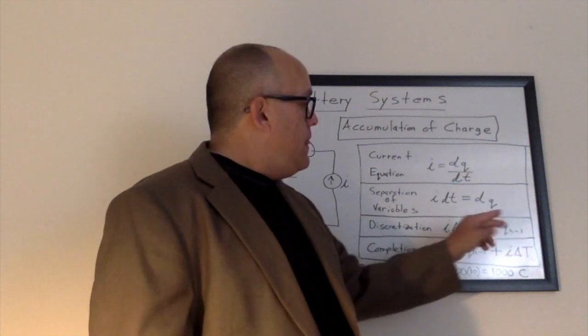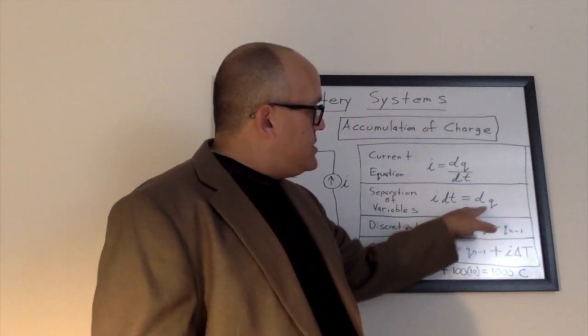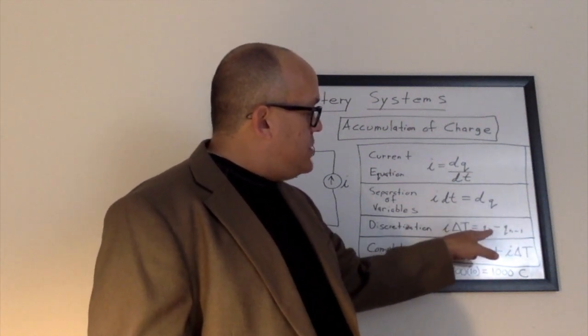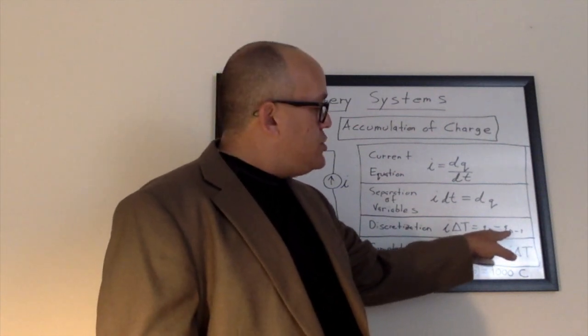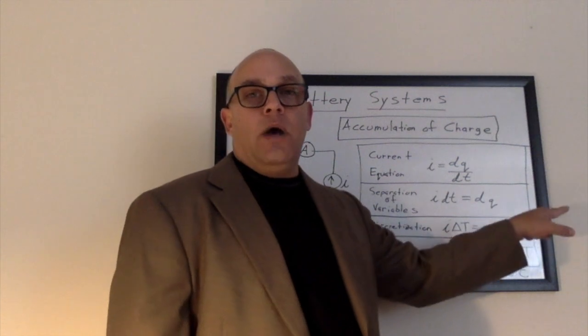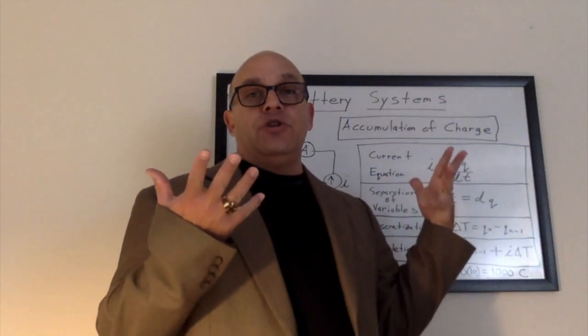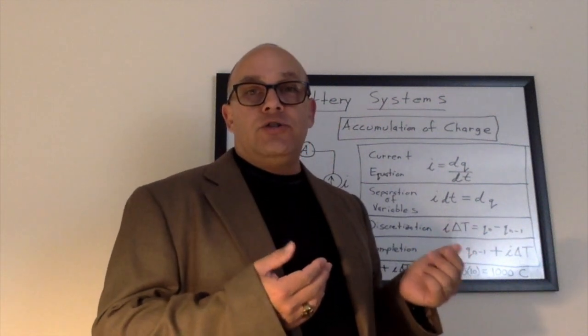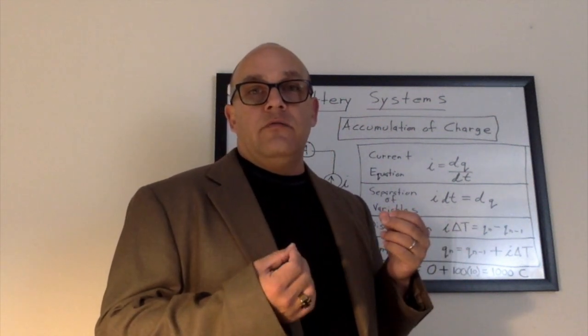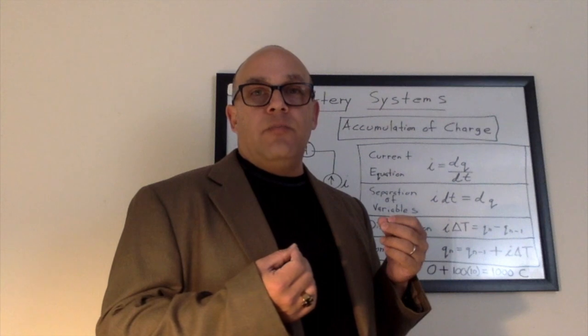So the instantaneous change in charge we can discretize as the charge at time n minus the charge at time n minus 1. For example, the charge at time 10 seconds minus the charge at time 0 seconds.